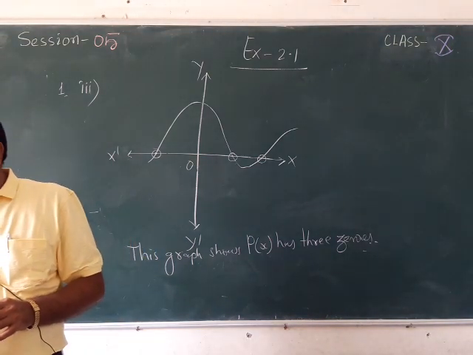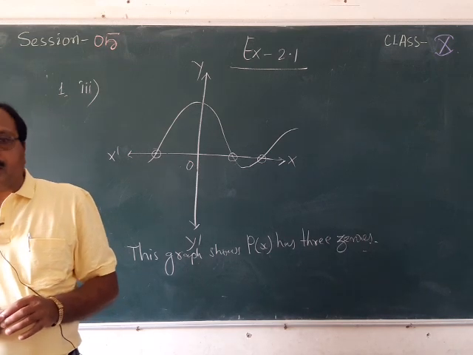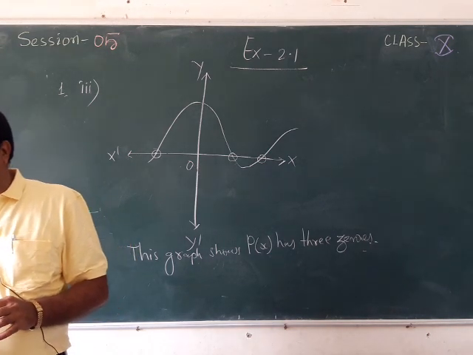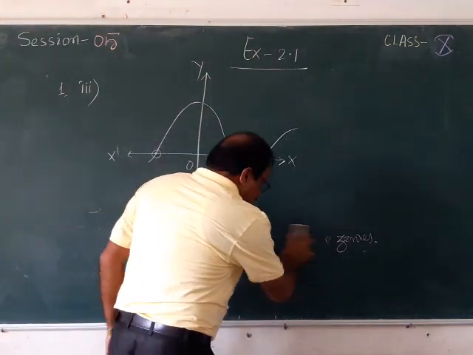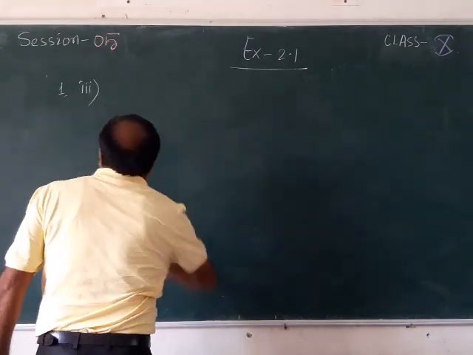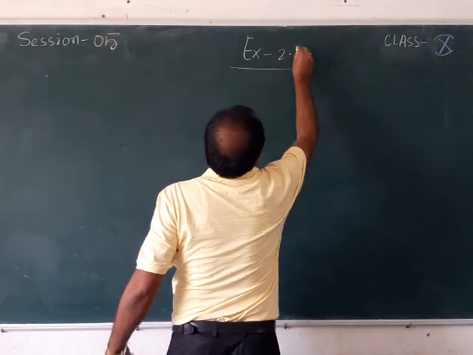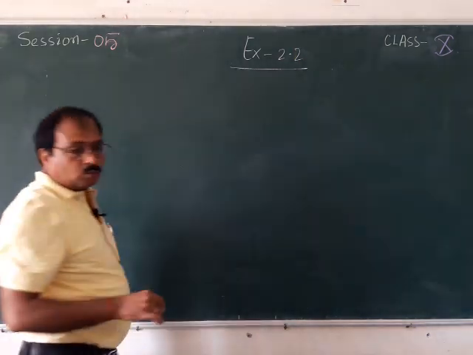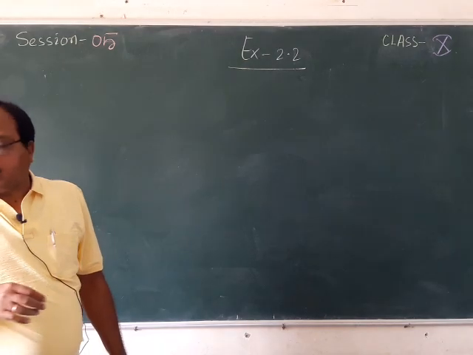Now here there are a few important terms and conditions which you have to see. I am talking about a quadratic polynomial. So this is exercise 2.2, and what we have to discuss here is a quadratic polynomial.